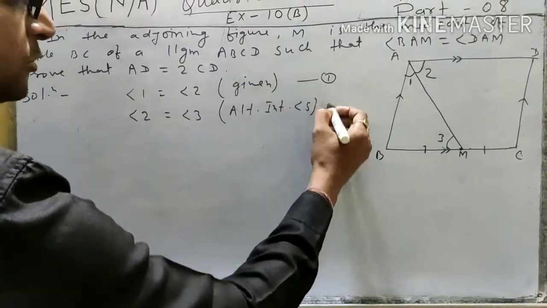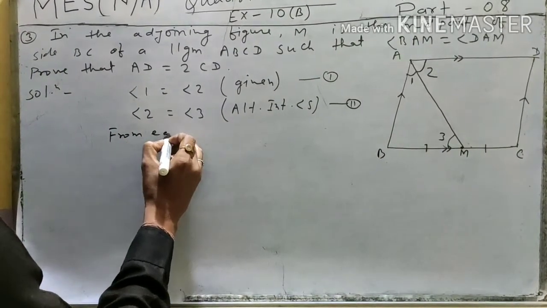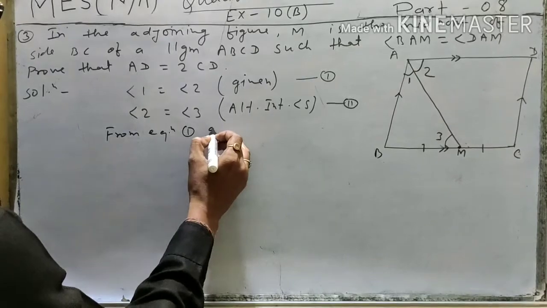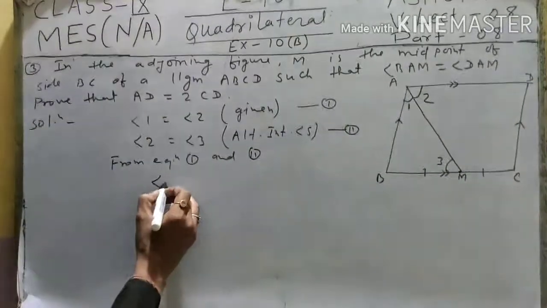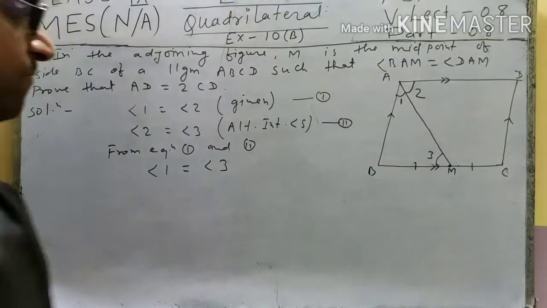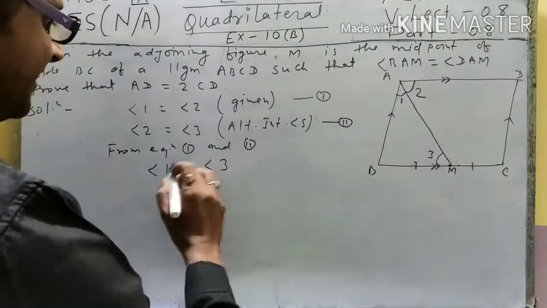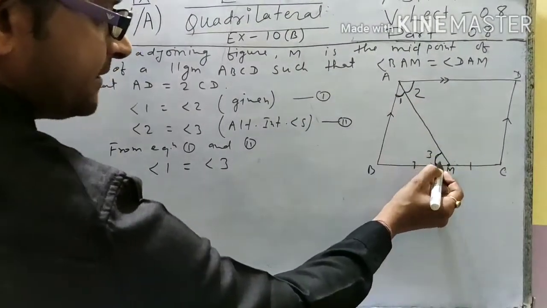From equation 1 and 2, angle 1 and angle 3 are both equal to angle 2, so we can say here angle 1 is equal to angle 3.